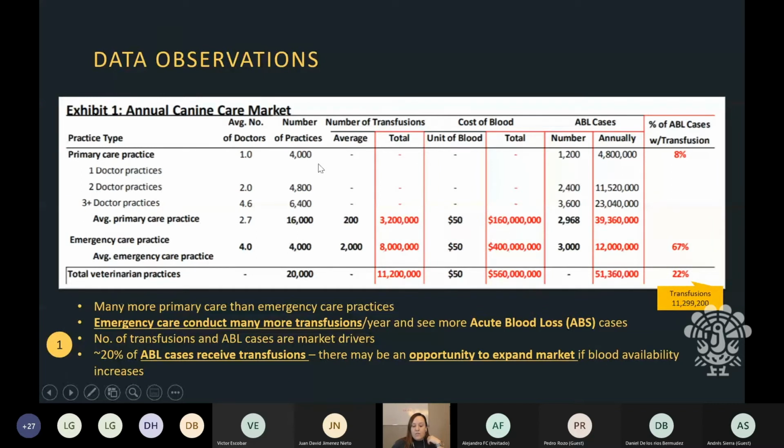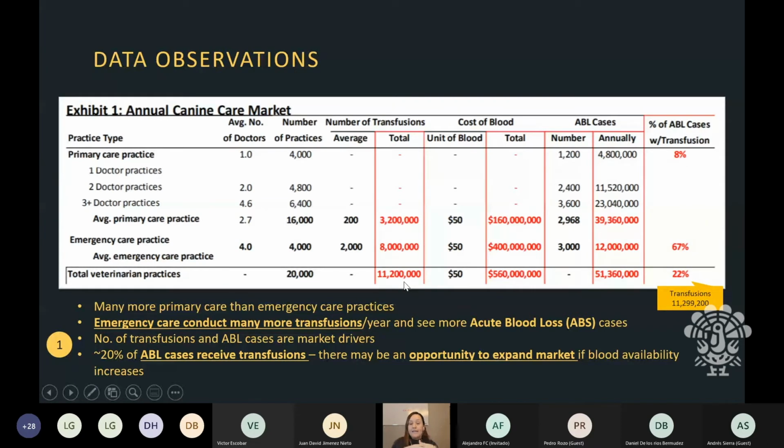They saw the number of blood transfusions they did, looking at how many transfusions in total these care units do in the year, and they do 11 million transfusions.